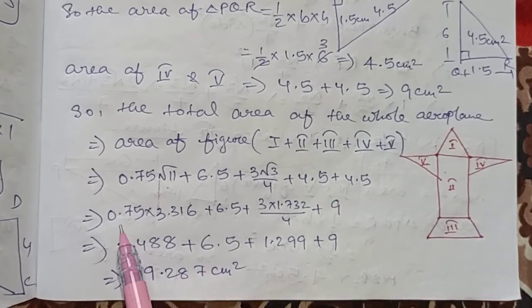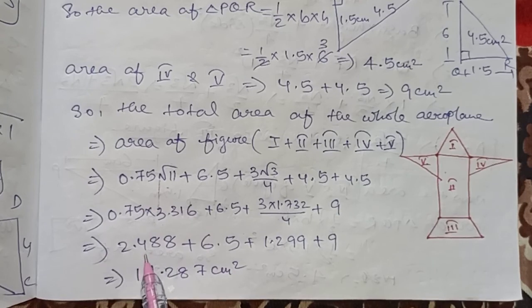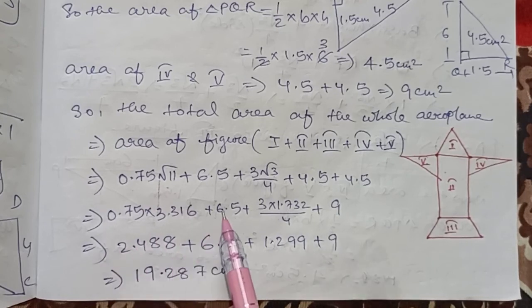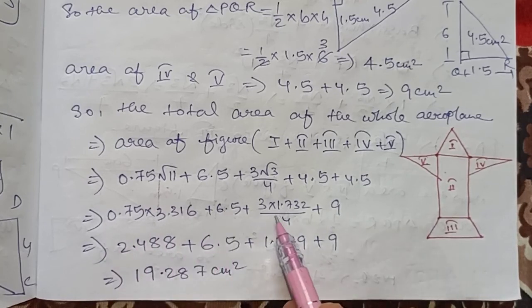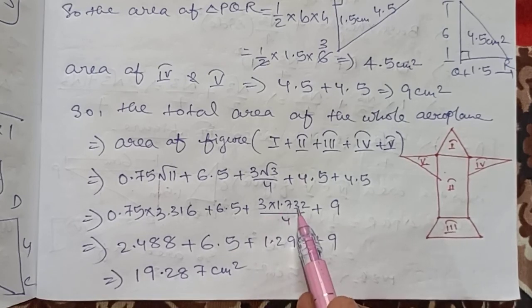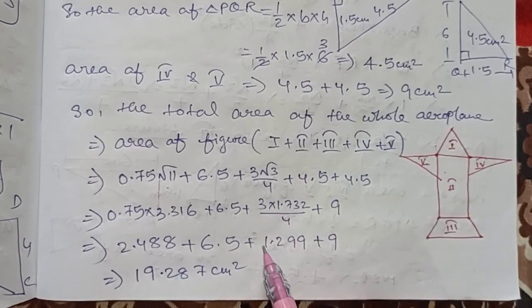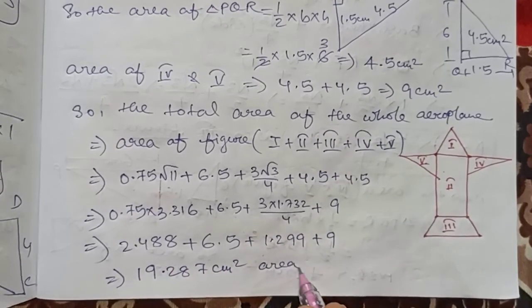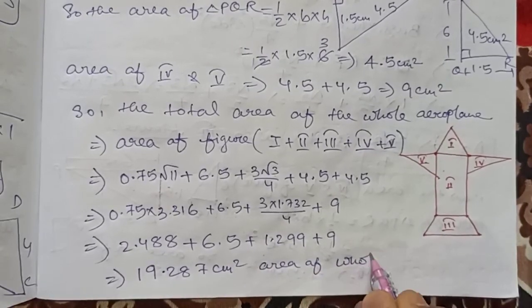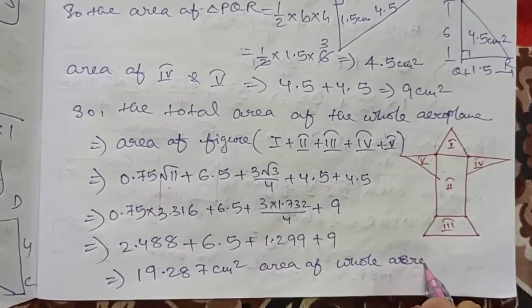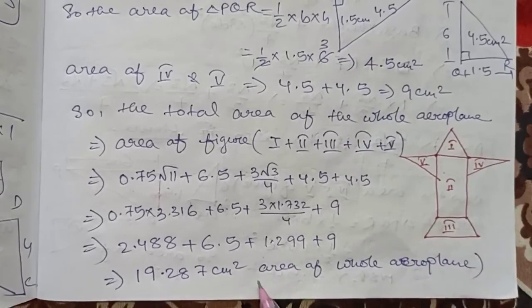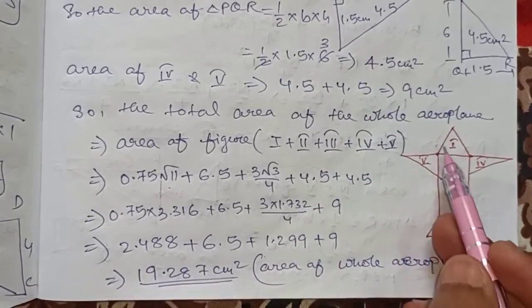After multiplying this we will get 2.488 approximately, plus 6.5 plus these two, when we multiply and divide by 4, the value will be 1.299, plus 9. By adding everything we will get the area of the whole aeroplane. This is the area of the whole aeroplane.